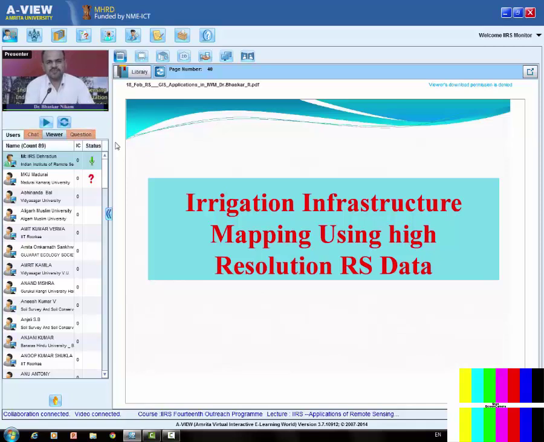Now, after knowing the demand and after knowing the supply, I need to know how good my infrastructure is, how good my irrigation distribution network is. I do have a demand from farmers, and I have an ample amount of water available in my reservoir or my river, but the distribution will be done through my irrigation infrastructure.